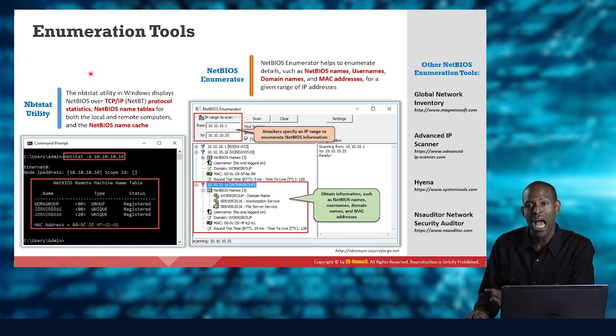So this is another one I would recommend getting to know. A NetBIOS enumerator is another tool that you can use to get this information with a graphical user interface. There's Global Network Inventory, Advanced IP Scanner, Hyena, NS Auditor. So lots of different tools for Microsoft networks that are running NetBIOS.